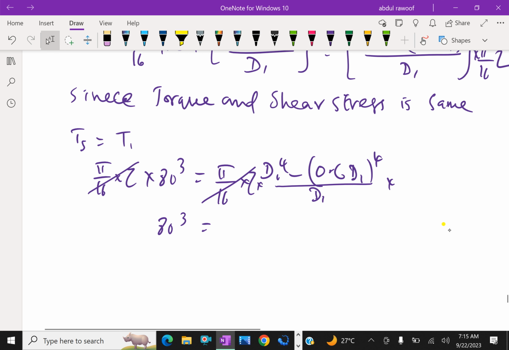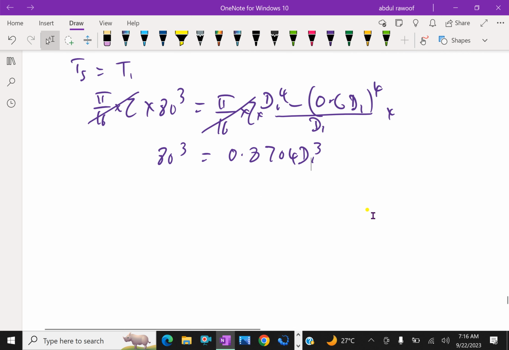The calculation gives 0.8704 D1 power 4 over D1. Taking D1 power 4 out, we have 1 minus 0.6 power 4, divided by D1, which gives 0.8704 D1 cube.